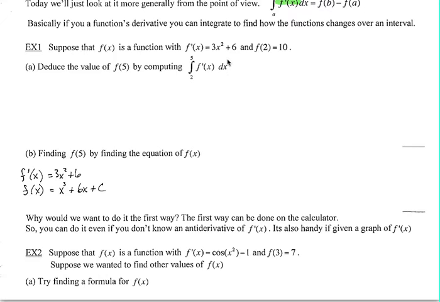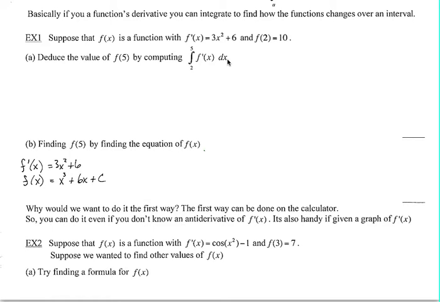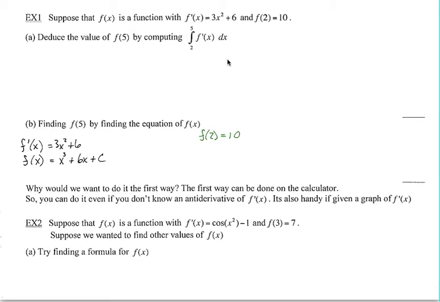And I've been given the fact that f of 2 is equal to 10. So I know that 2 cubed plus 6 times 2 plus some unknown c is equal to 10.